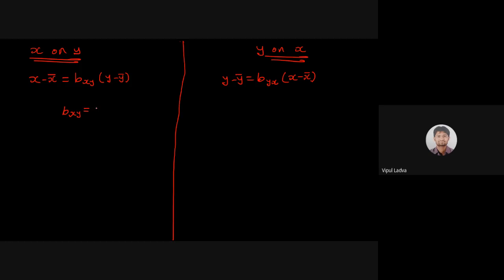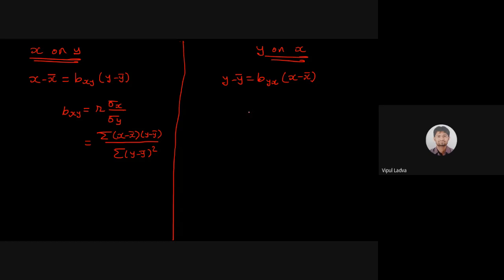Now for that we had prepared one of the formulas, that is r times standard deviation of x divided by standard deviation of y, और उसको सिंपलीफाई करके भी हमने याद किया है। वो क्या होगा? That will be summation x minus x bar into y minus y bar divided by, डिनोमिनेटर में y है तो यहाँ पे y वाला टर्म रहेगा, summation y minus y bar the square. This is the formula for the regression coefficient bxy.